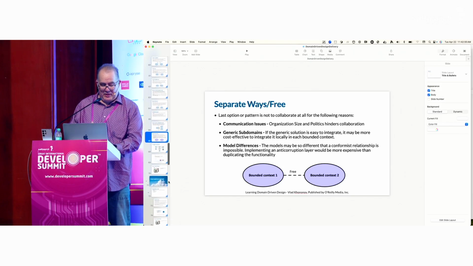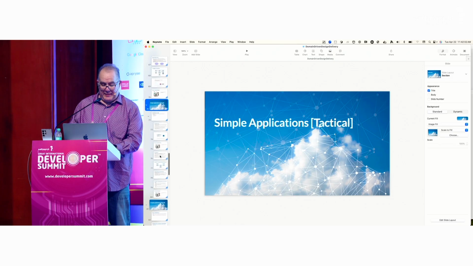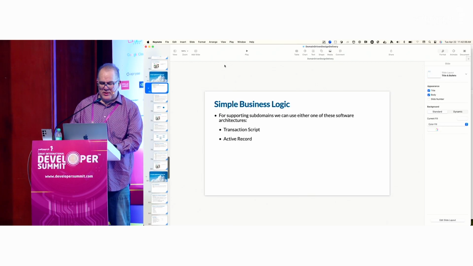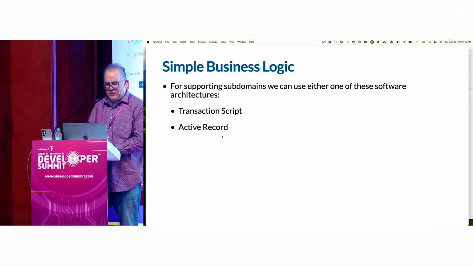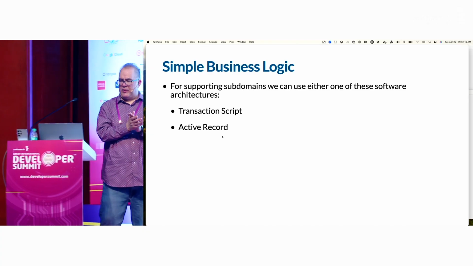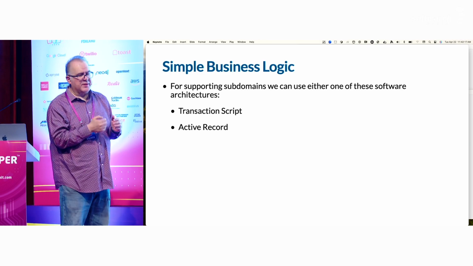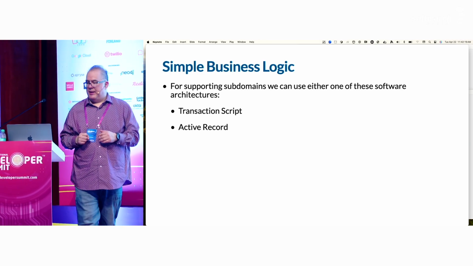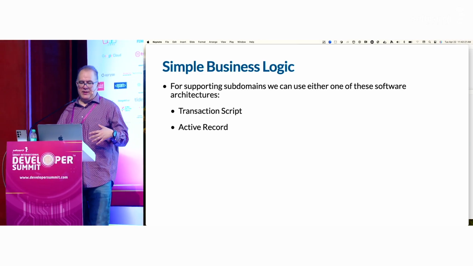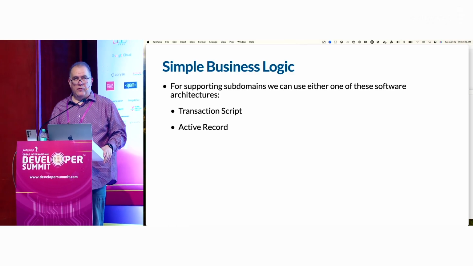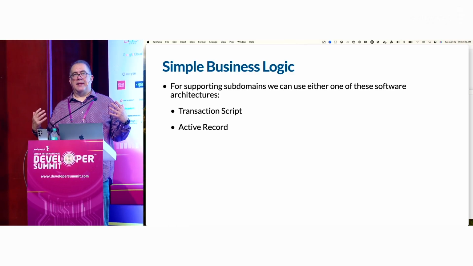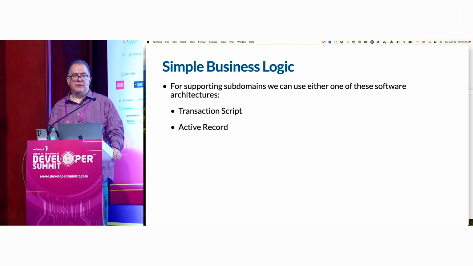And let me go to the complex here. Well, let me just state here, there are two kinds of ways that you could develop applications. I'll quickly go through this one, and then I'll go through the complicated ones. This one's called simple business logic, and there are different techniques or patterns that you can use for applications that are of a supporting nature, right?